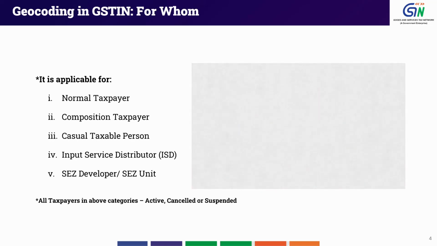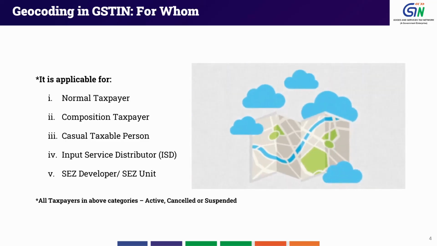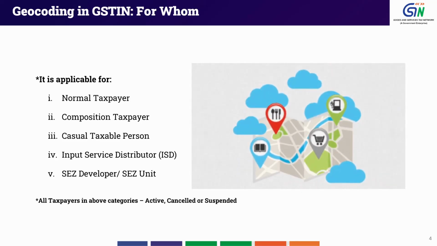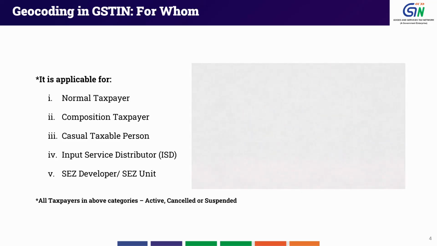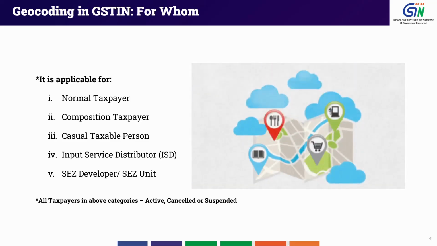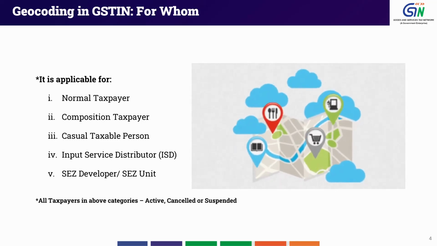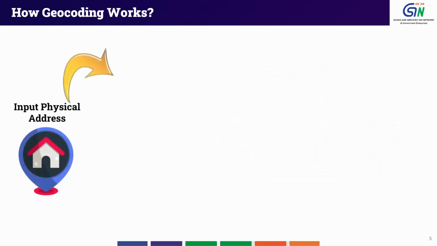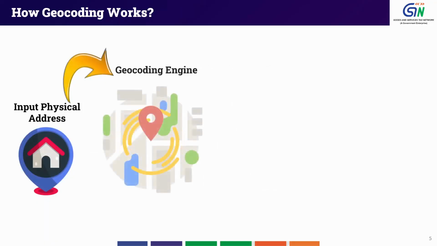Currently this functionality is open to taxpayers who are normal taxpayer, composition, casual, ISD and SEZ Developer or SEZ Unit. One thing you need to be aware of is that it is also available for all taxpayers, whether you are active, cancelled or suspended.